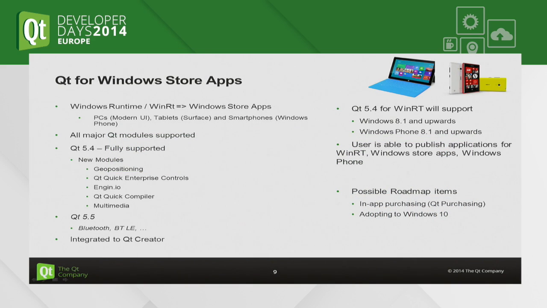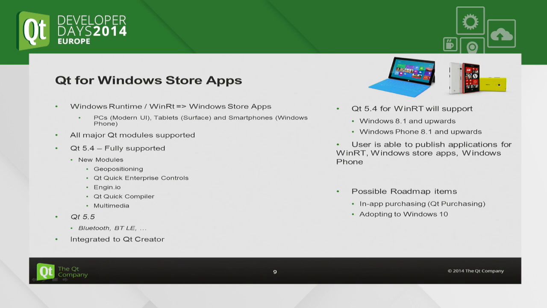All right, Qt for Windows Store apps. Now, so far, this has been called Qt for WinRT, or Windows Runtime. Microsoft has moved into calling WinRT just Windows Store apps, and that's probably what we'll officially do at some point. We're already unofficially moving there.